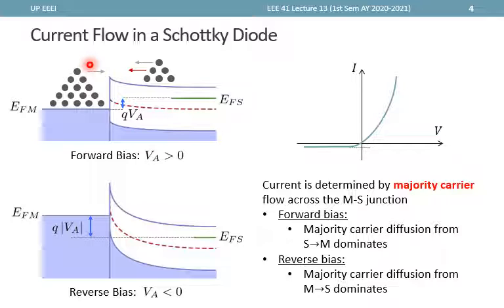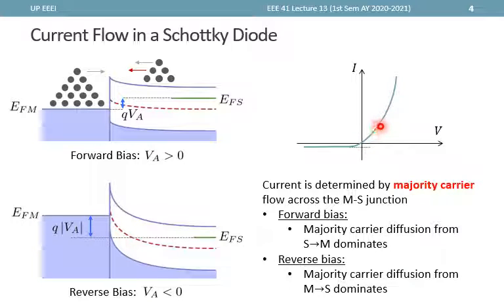This leads to a net flow of electrons leftwards, and a net electron flow leftwards leads to a net current that is rightwards, meaning we have some positive current, and that actually represents this one.